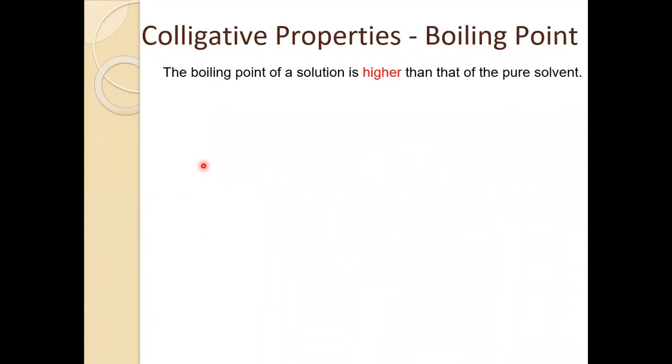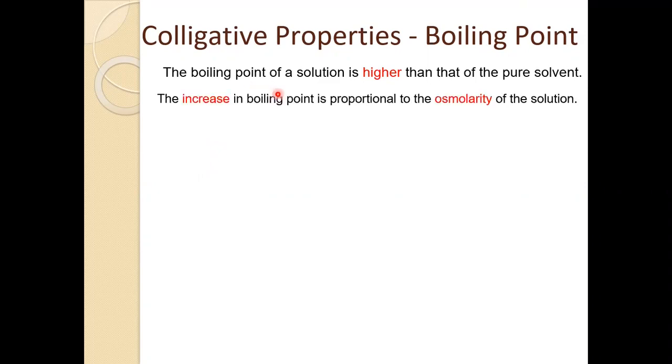Boiling point is also a colligative property, and the effect on boiling point is the opposite of the effect on the freezing point. The boiling point of a solution is always higher than that of a pure solvent, and the absolute increase in boiling point is proportional to the osmolarity of the solution. So in other words, solutions that have a higher osmolarity not only will have a lower freezing point, as we saw on the previous slide, but also have a higher boiling point.